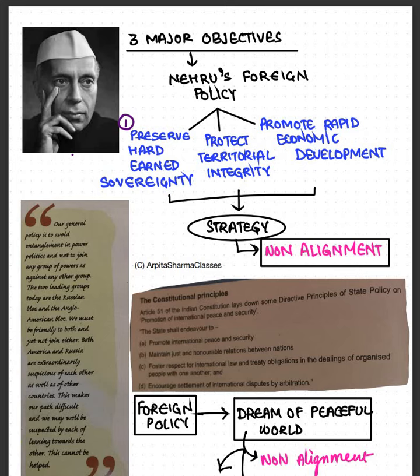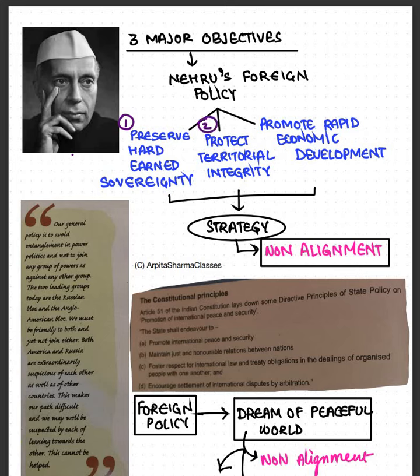And here we had to make certain such kind of foreign policies that are not influenced or not dominated by other nations. This was the first major objective, कि whatever policy we frame, we will make sure that our hard-earned sovereignty is maintained, okay, is protected.